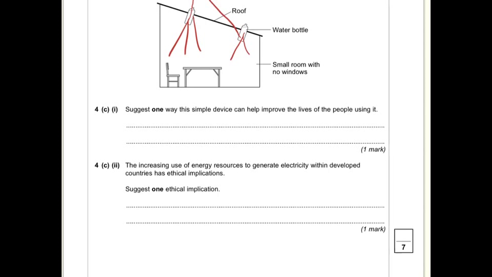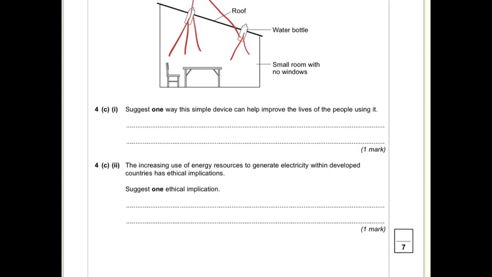The increasing use of energy resources to generate electricity within deprived countries has an ethical implication. Suggest one ethical implication. Well, you have to look at energy resources and how they affect people, how they affect society, really. So if you want to talk about the environment, you can't just say that using energy resources can damage the environment.